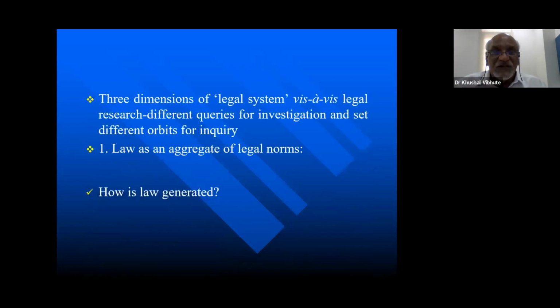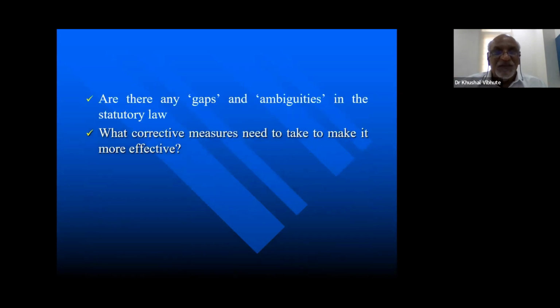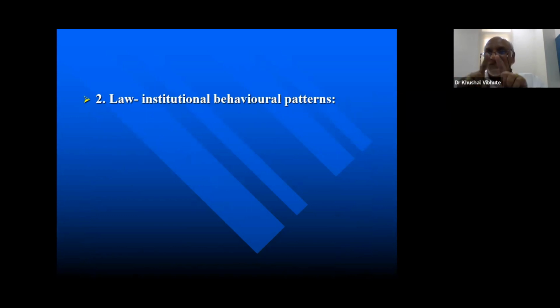Now, when I look at law with this perception, my legal facts category changes. For the legal facts which deserve my attention as a legal researcher, I look at law as institutional behavioral patterns of the institutions who are placed in the domain of law.